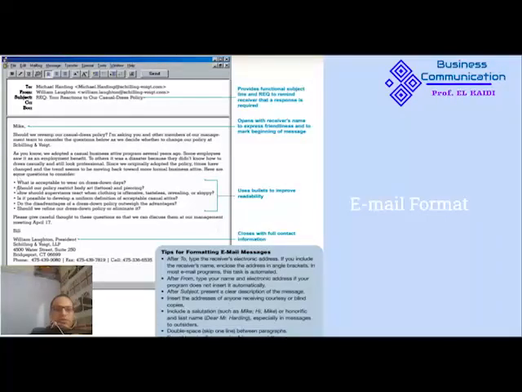You can use graphic devices like bullets, etc. So as you see, it's exactly like the body of a business letter, okay? Except that in emails the heading is like this, and it is an automatic part of emails and email accounts.